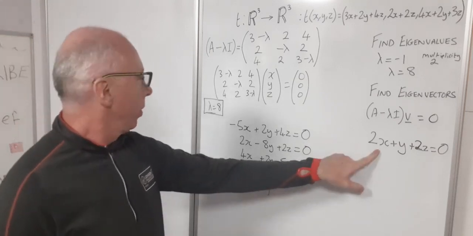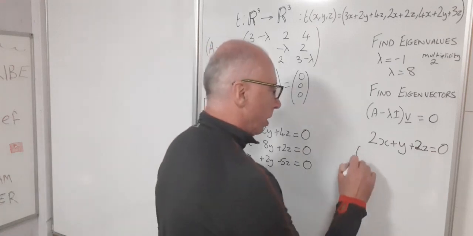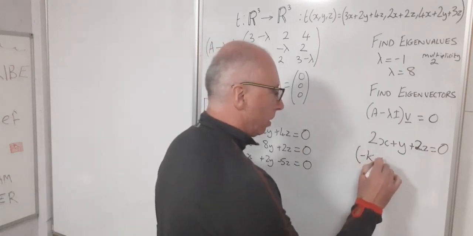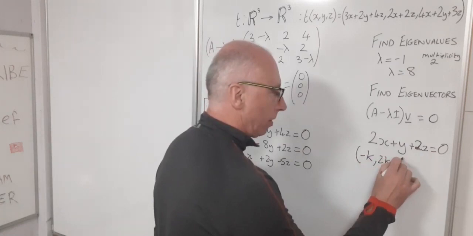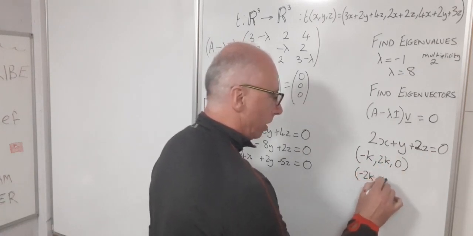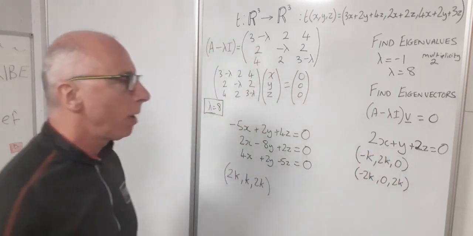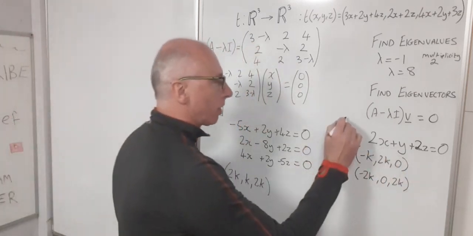And then for lambda equals minus 1, we had 2 results. So we got minus k, 2k and 0. And we also had minus 2k, 0 and 2k. So that was for when lambda equals minus 1. Just make a note of that one there.